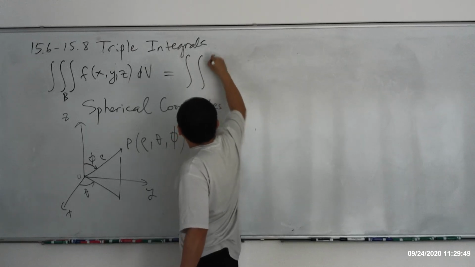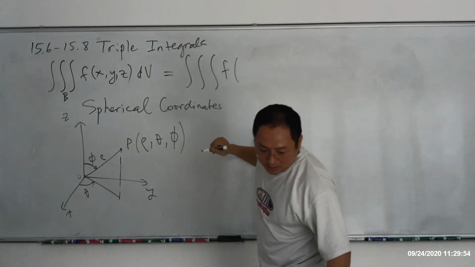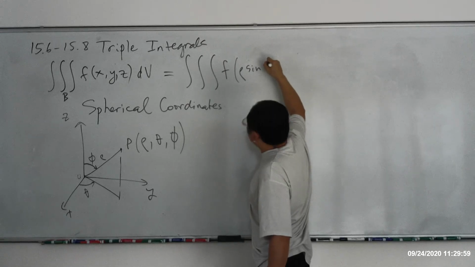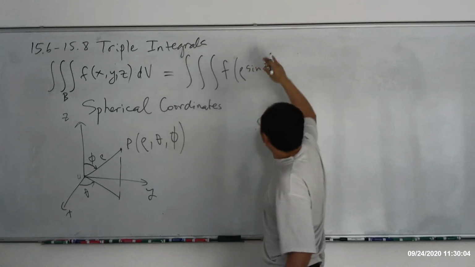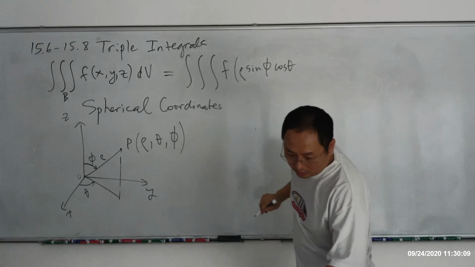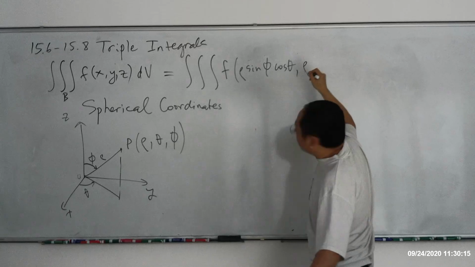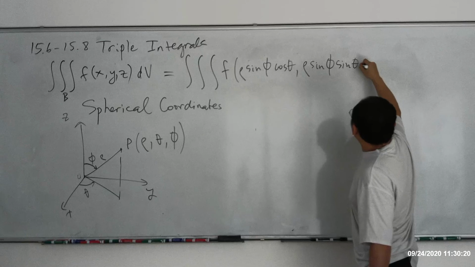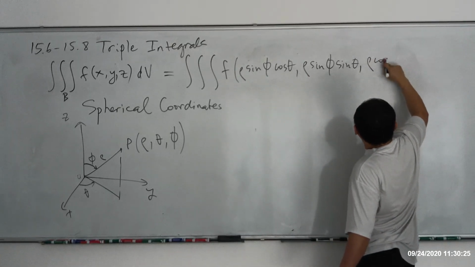Integral, integral, integral of f of x, y, z, where x is now rho sine phi cosine theta. Let me double check I got it right. And y is rho sine phi sine theta, and z is rho cosine of phi.